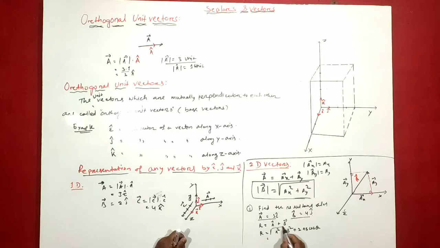So theta will be 90 degrees. The value of A square is 3 square plus B square is 4 square, and 2AB, that means 3 into 4 into cos 90 degrees, and cos 90 degrees is 0. So the square root of 3 square plus 4 square is the square root of 25, that is 5.